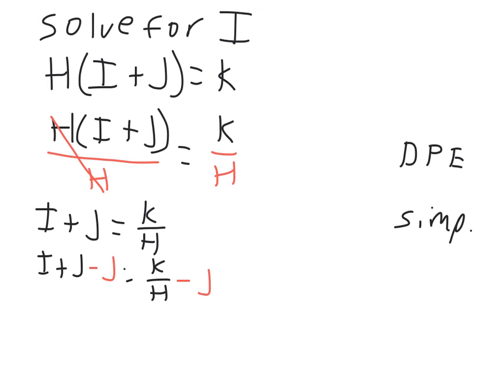And that's going to be the subtraction property of equality. And so the j's cancel to leave just i. And on the right side, we just put what's there. k over h minus j.